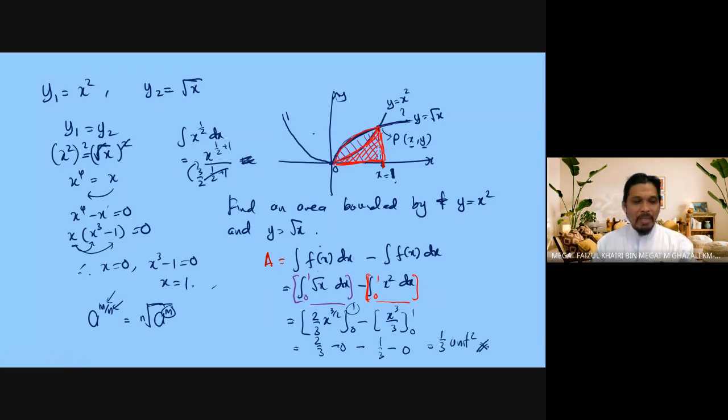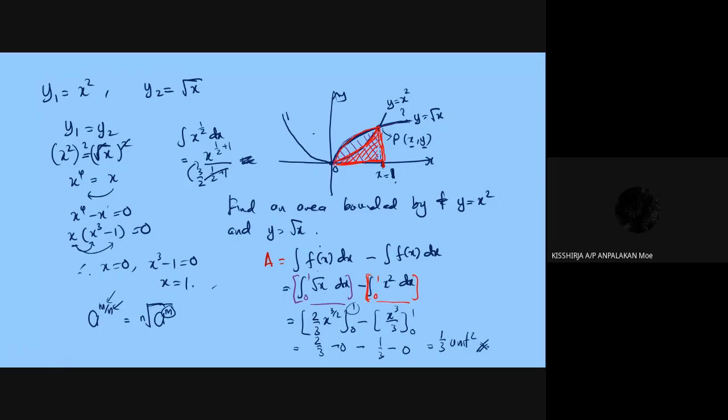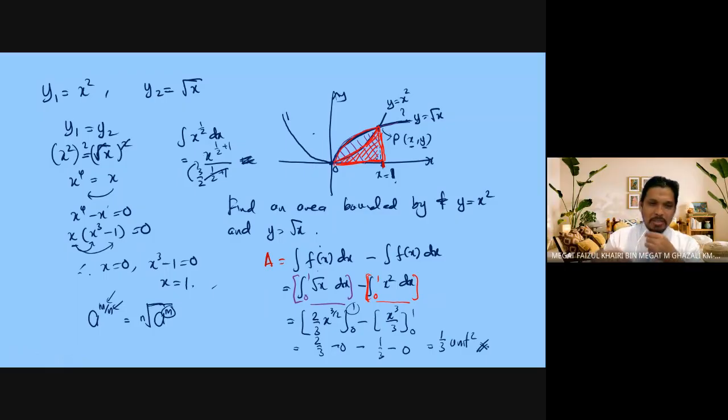Okay, I'll try to find a question that's similar to this from the textbook.